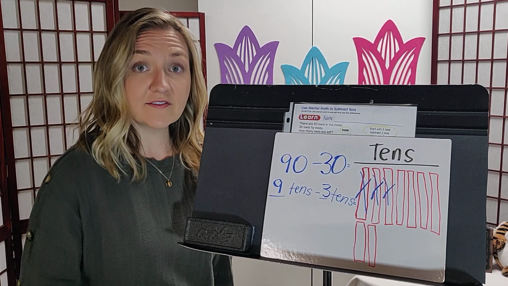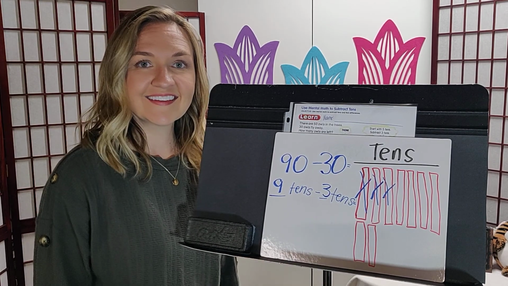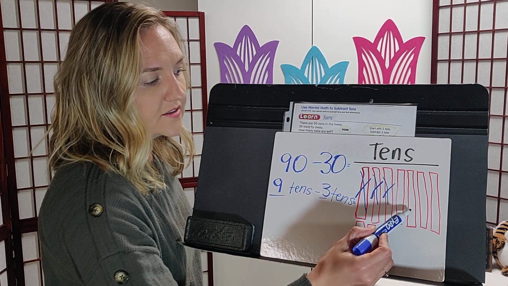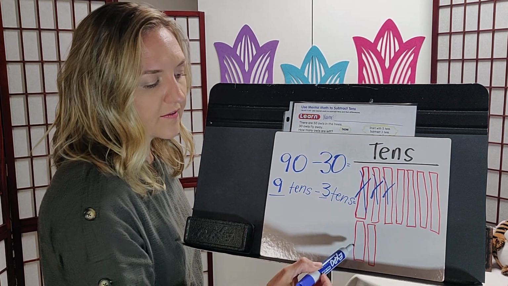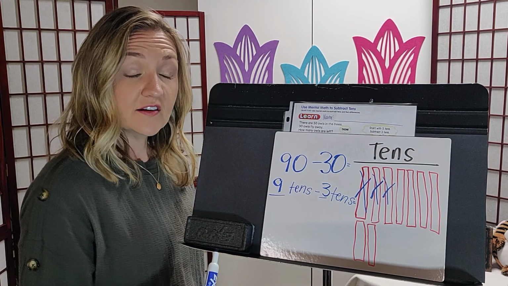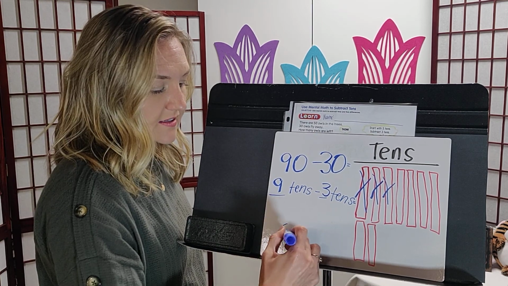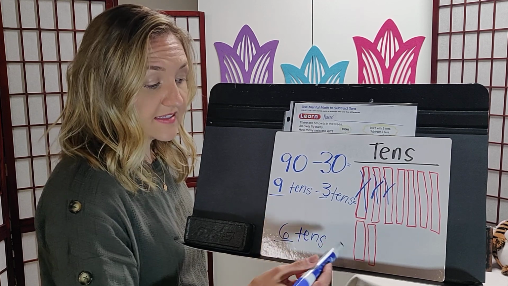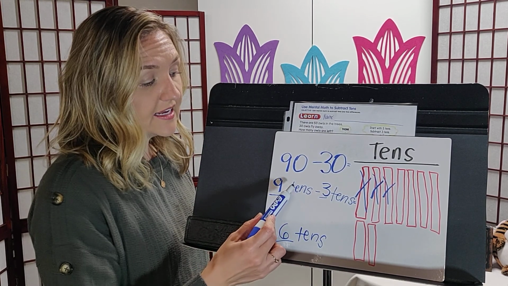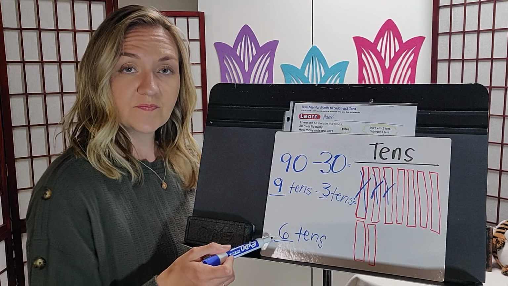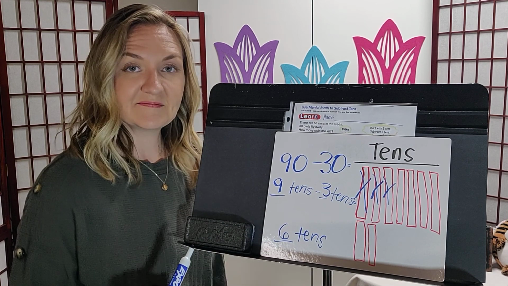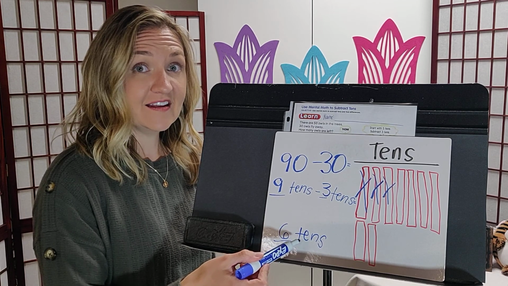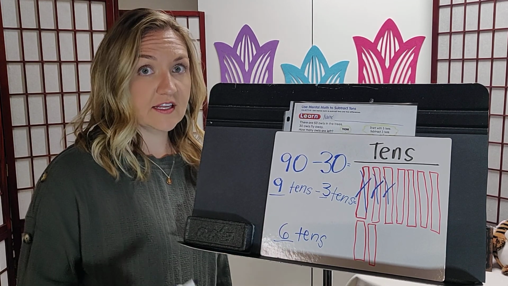How many tens are left? Go ahead and try and count. Let's see. 1, 2, 3, 4, 5, 6. There are still 6 tens. 9 tens minus 3 tens is equal to 6 tens. But if we actually count those groups of tens by 10, how many are there all together?